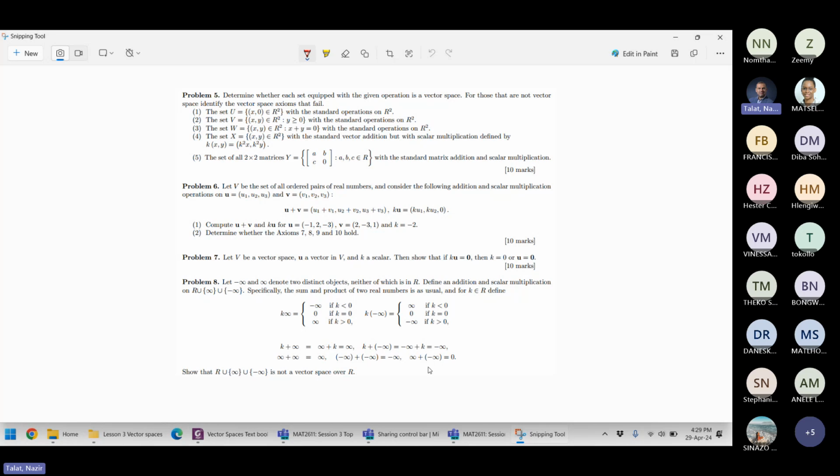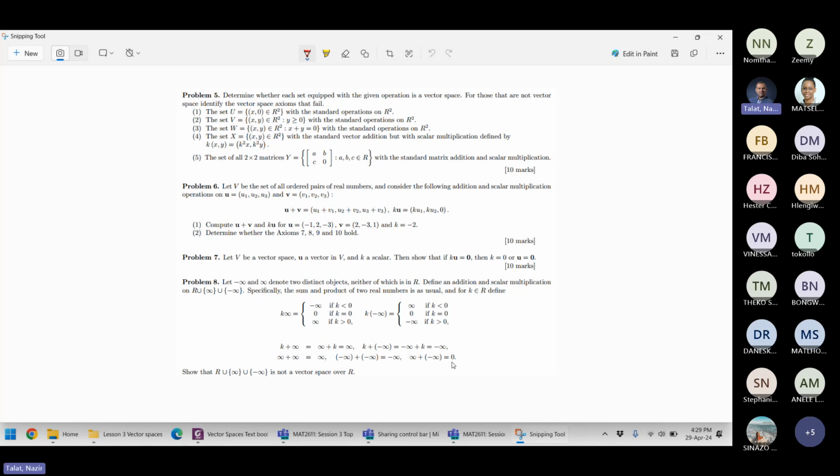Then we show that this extended set of real numbers, where infinity and minus infinity are included, is not a vector space over R, because the scalars come from R. One can see that these properties don't hold.